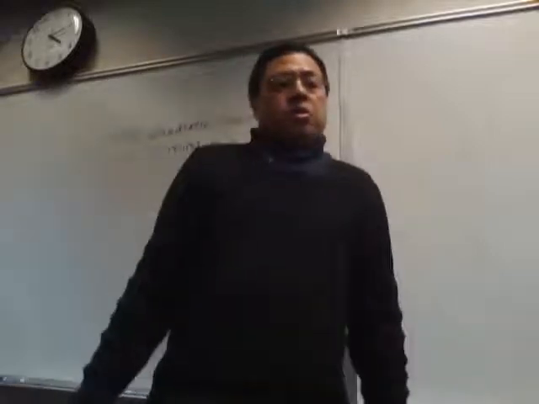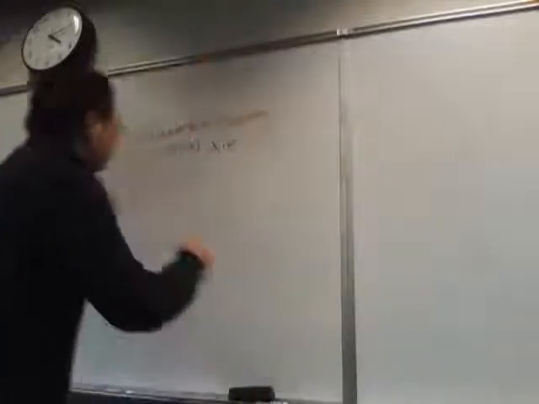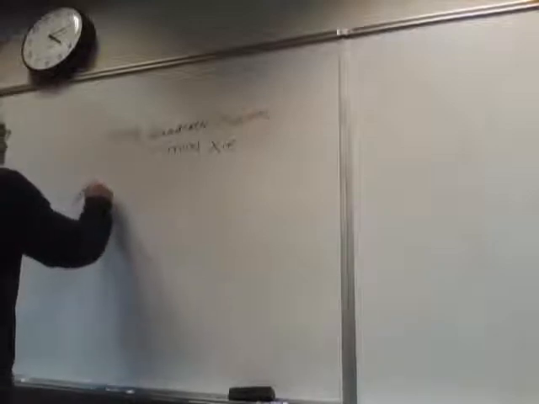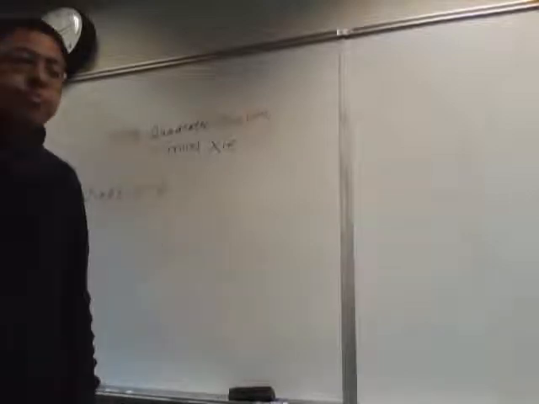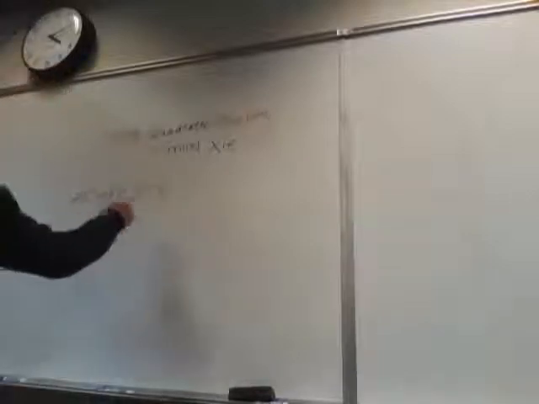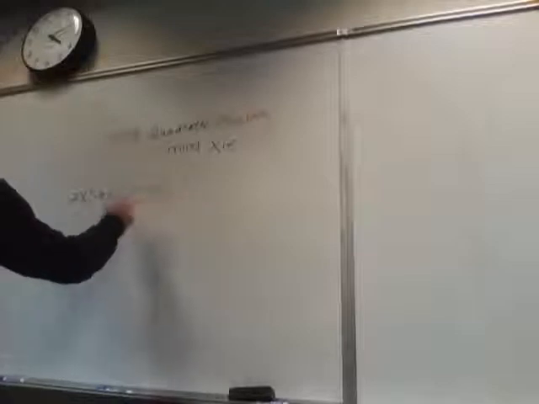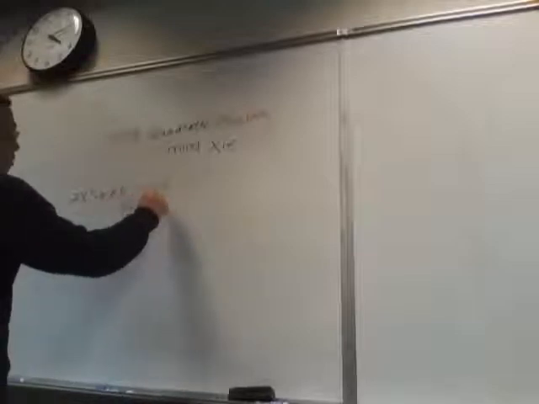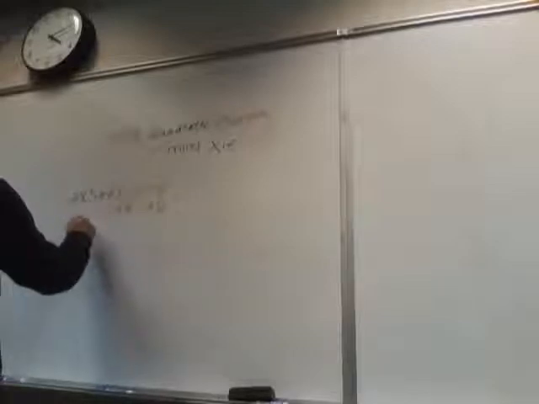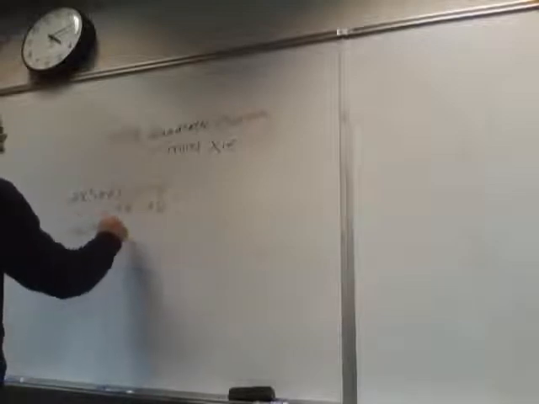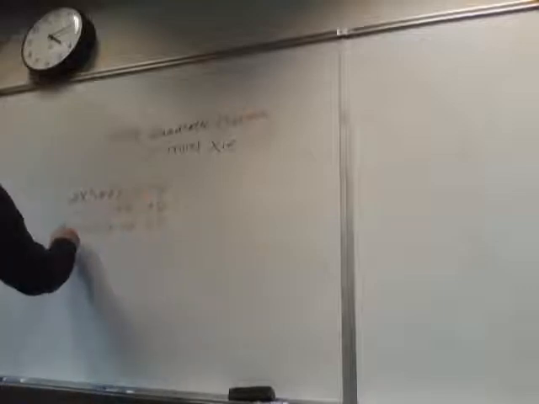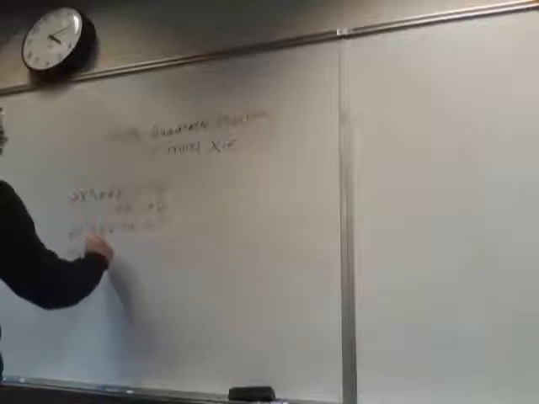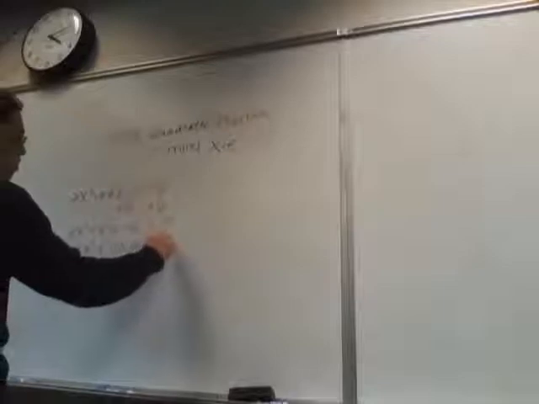Okay, so if 2x squared plus 6x equals negative 4, how do you solve this one? We add 4 to both sides. We get 2x squared plus 6x plus 4 equals 0, right? And then we take out the common factor, so that's 2 times x squared plus 3x plus 2 equals 0.